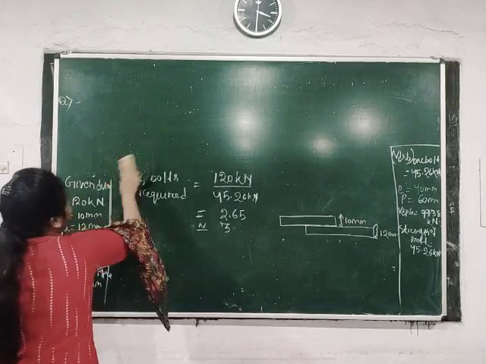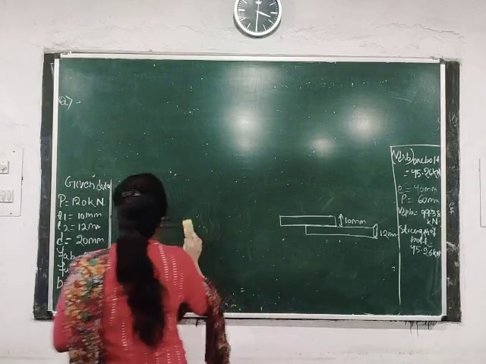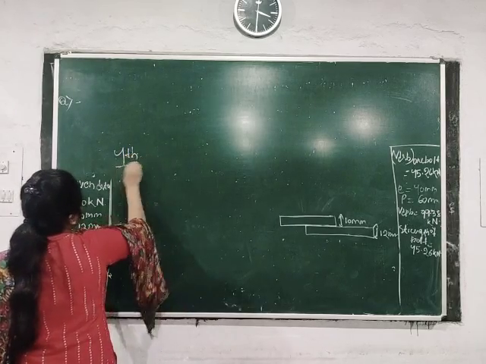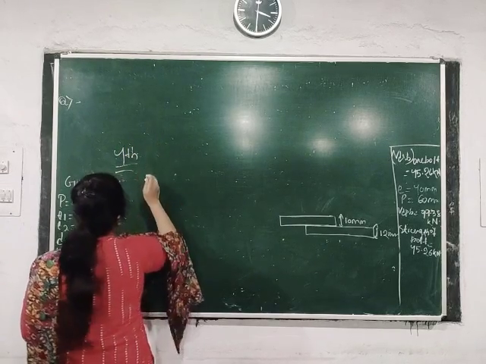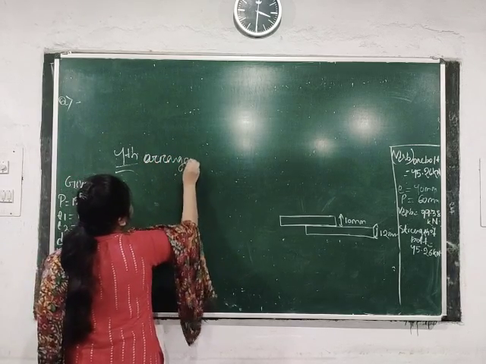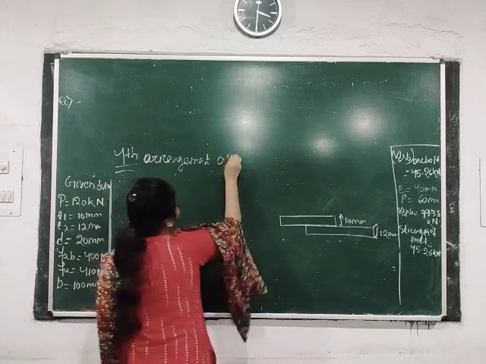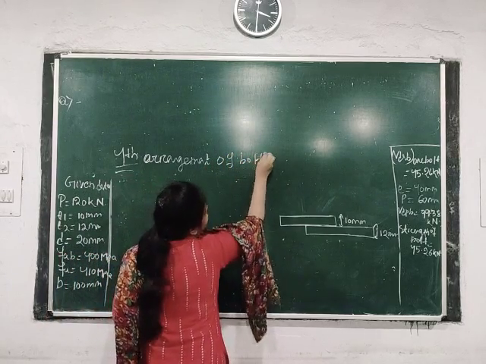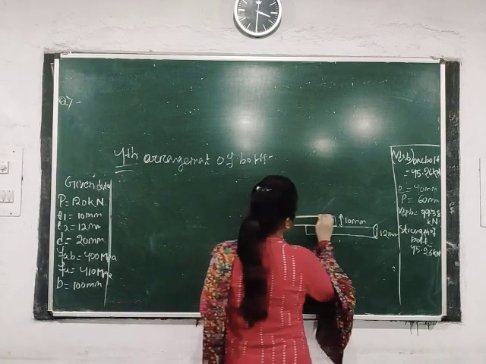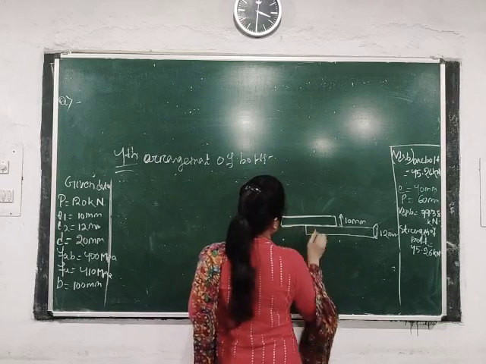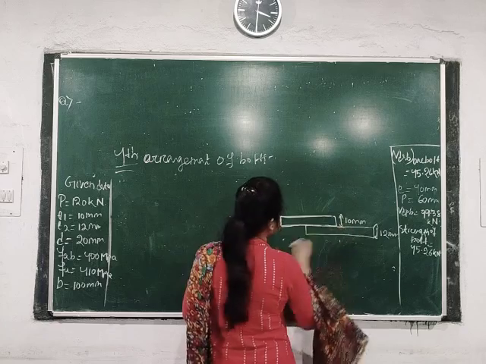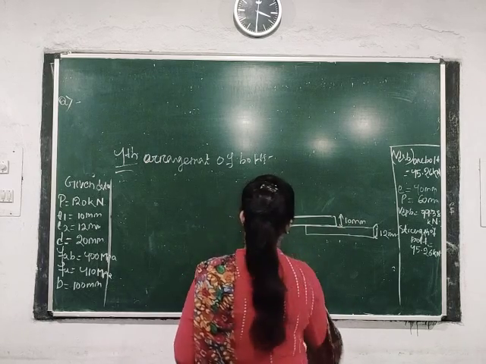Then in the fourth step, just arrange the bolts in a convenient way. So in the fourth step, we will arrange the bolts. Okay, so this is the elevation of the lap joint.